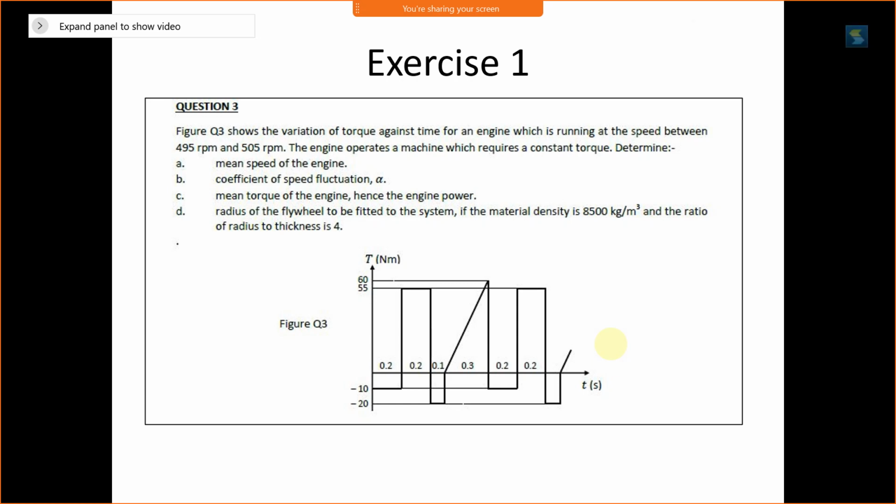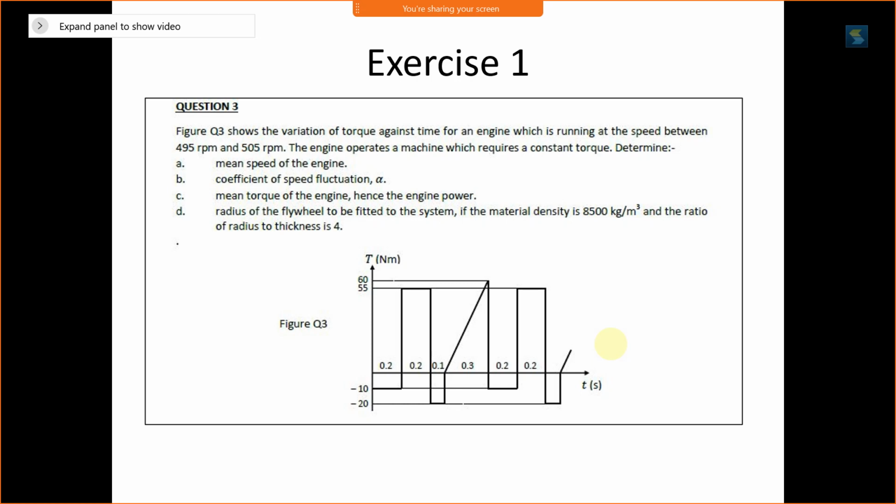But if we look here, basically we can consider: the figure in question 3 shows a variation of torque against time for an engine which is running at the speed between 495 and 505.